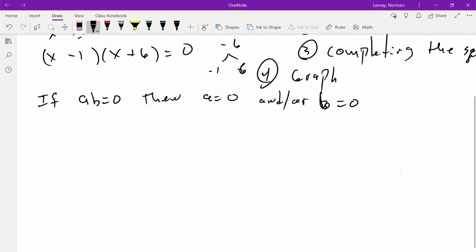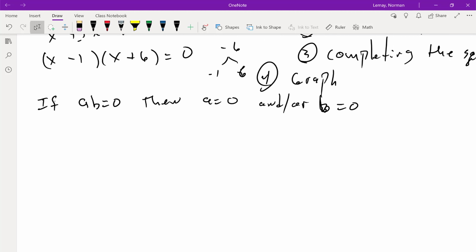All right, so this is what we're going to do now as well. If you don't like the a's and b's, again, this is just pattern matching again. You can just say if square times triangle equals 0, then square equals 0 and/or triangle equals 0. So we just set the two factors equal to 0.